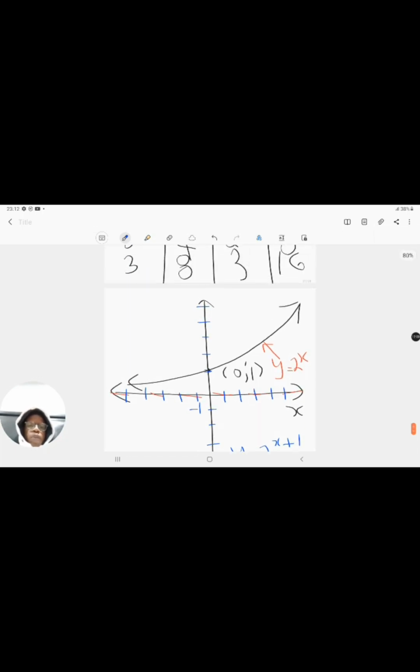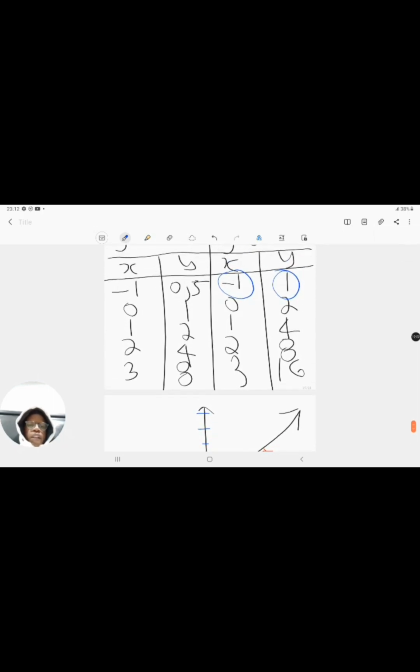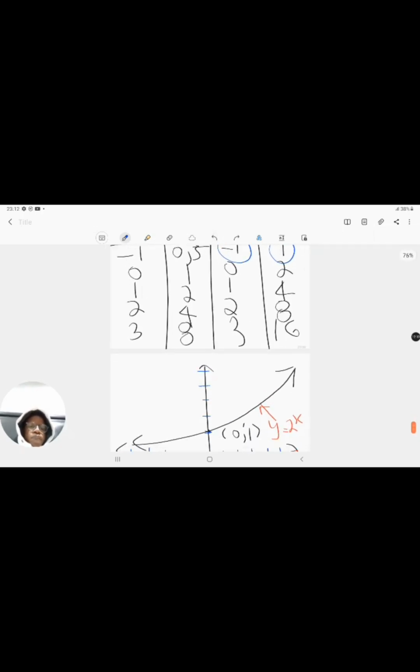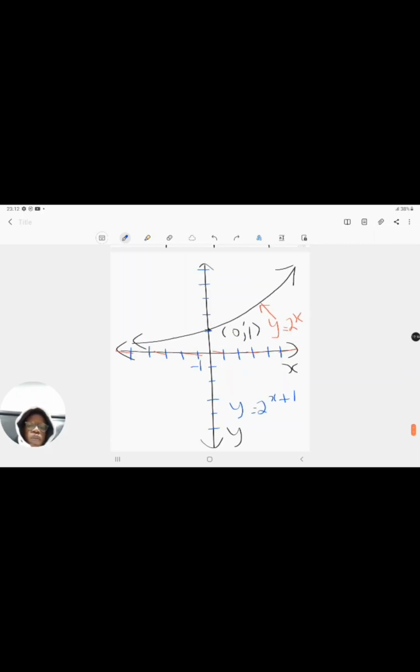That's what we got up here. When x is equal to minus 1, the new graph is equal to positive 1. So it's somewhere there.